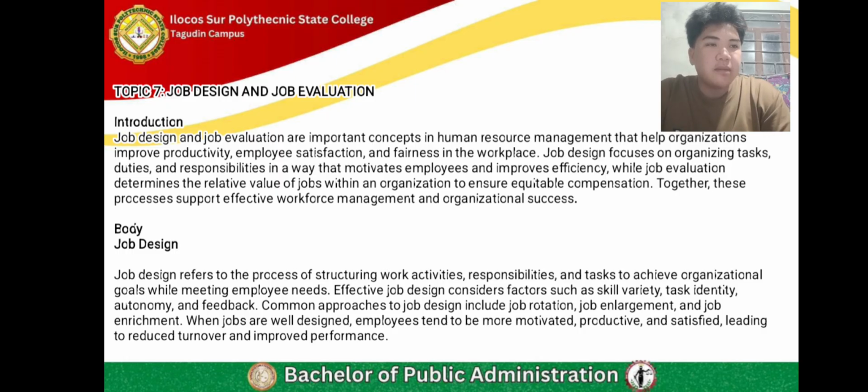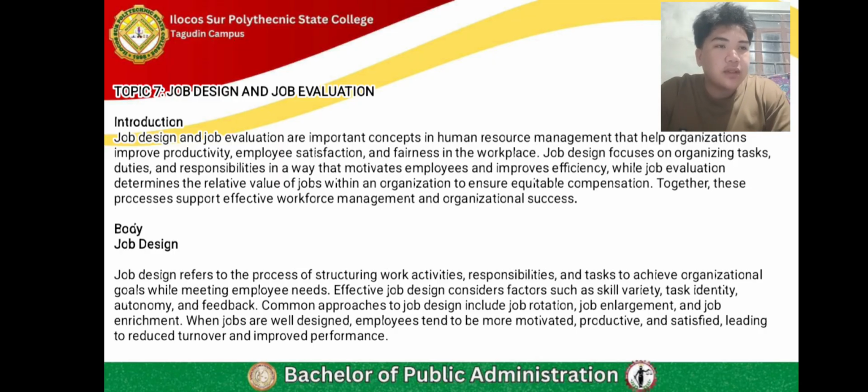Job design and job evaluation are important concepts in human resource management that help organizations improve productivity, employee satisfaction, and fairness in the workplace.